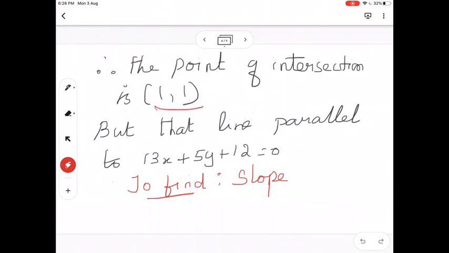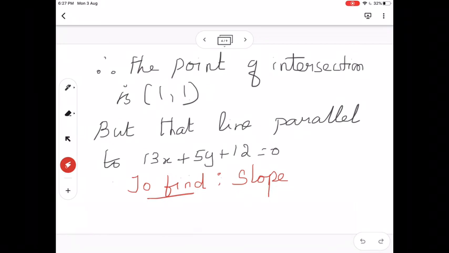Now you got the point of intersection. But that line is parallel to 13x plus 5y plus 12 is equal to 0. For this equation, you have to find out the slope. How will you find out the slope?